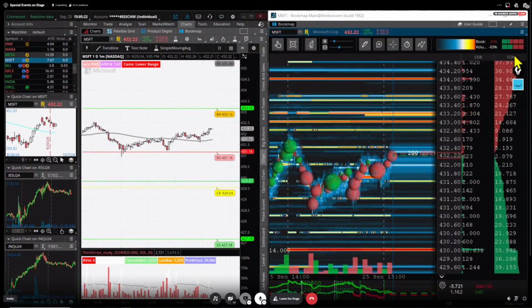If the zero line is in the middle, you can see the book is negatively skewed by that 72%. That's really interesting. Some orders just came in and skewed it.